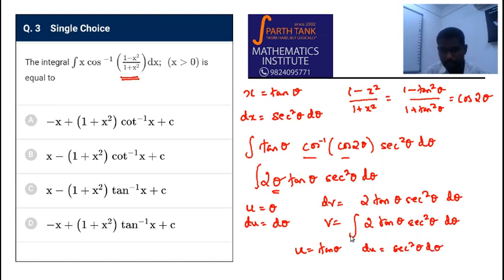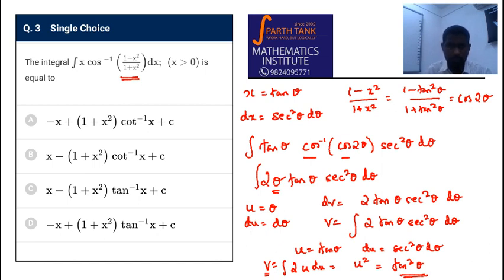So this v part is nothing but integral 2 u du, which is nothing but u squared, and u is tan theta, so that is tan squared theta. Alright? Now this was only for substitution. Please do not confuse this u and this u here. So v is tan squared theta, dv, u, du, everything is here.